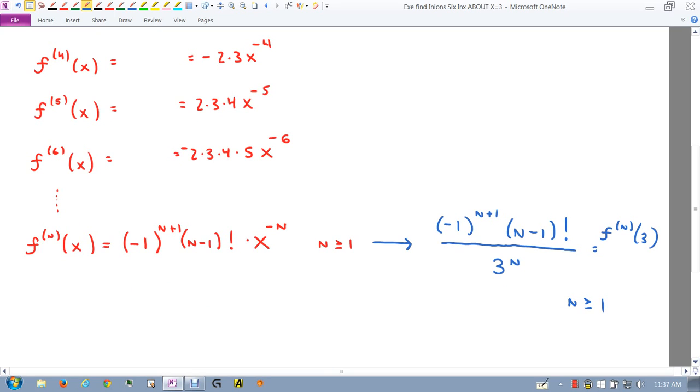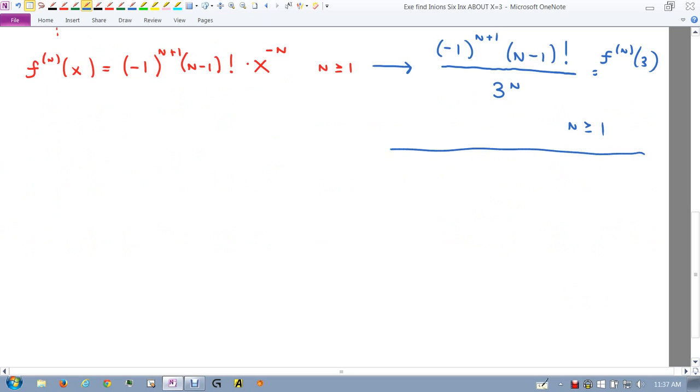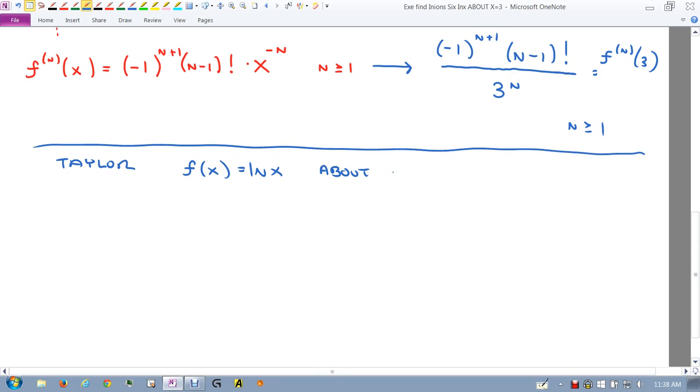All right. We have the construction of what we need to now write the Taylor series. Okay? Here comes the Taylor series. The Taylor series for f of x equals natural log x about x equals 3 is now we know it's this sum, right?